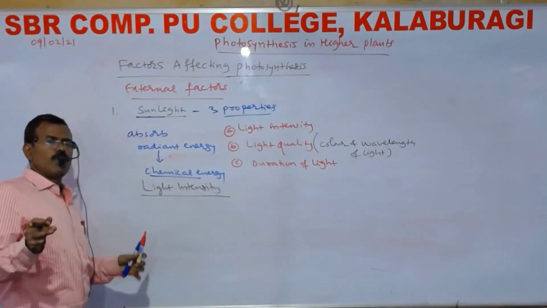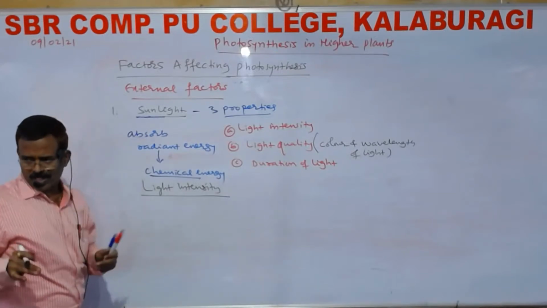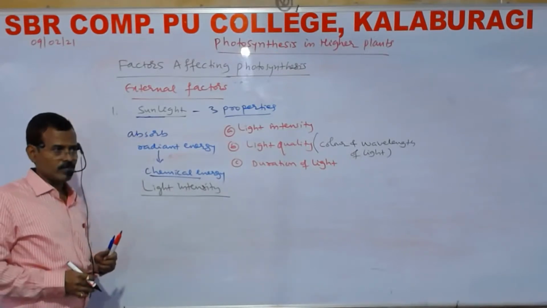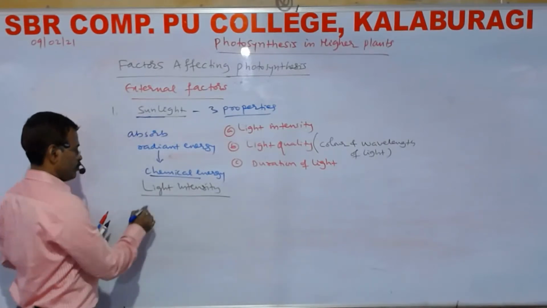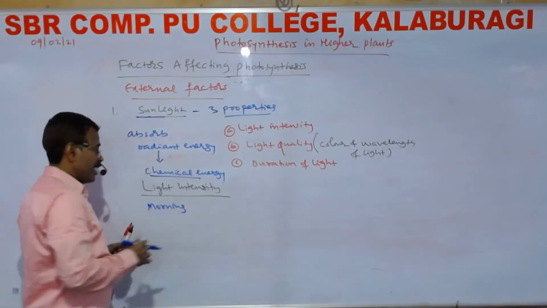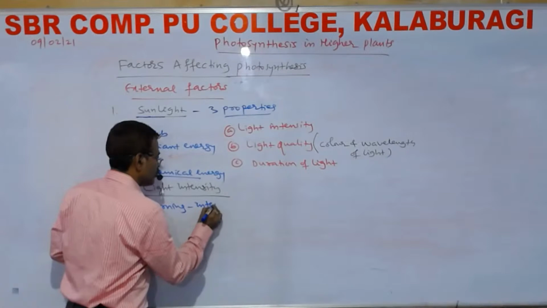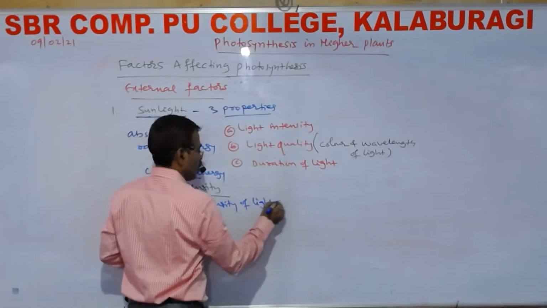Light intensity, in simple terms, is whether it is bright sunshine, low sunshine, or medium sunshine. During morning hours, the intensity of light is low.